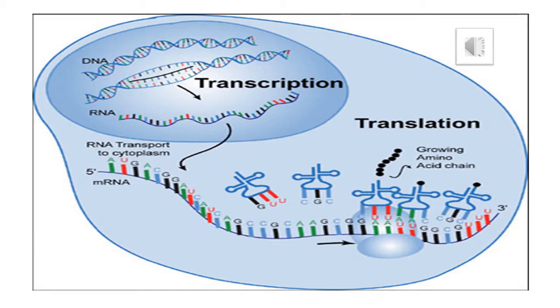As you can see here in the cytoplasm, a ribosome is attached to mRNA, and we have here 5 tRNA landed on mRNA, and they carry amino acids to form protein.